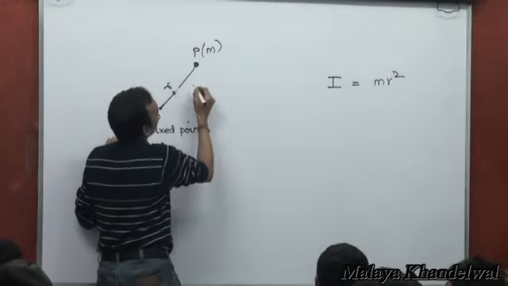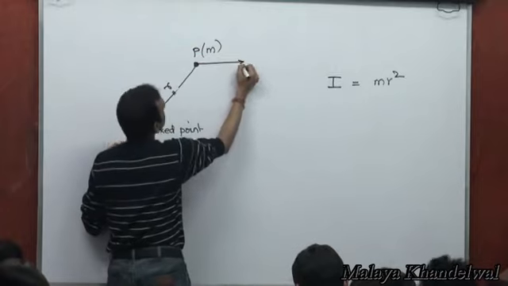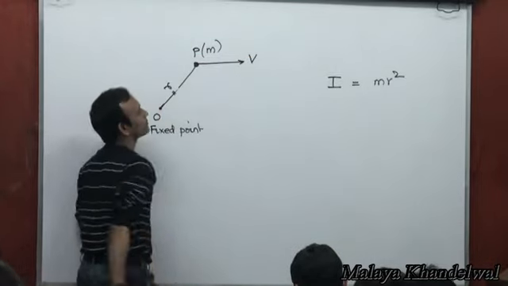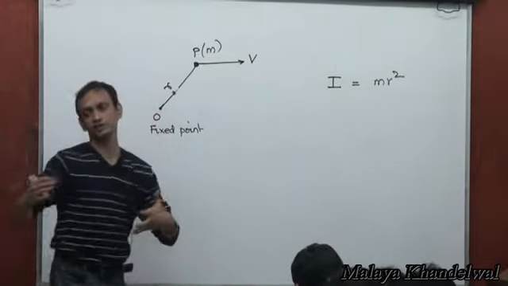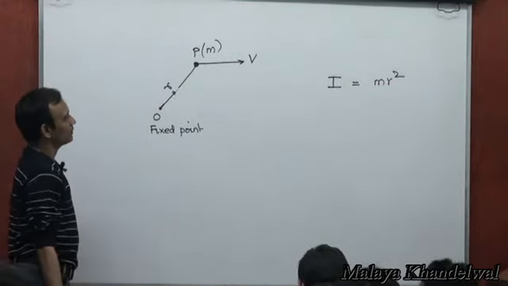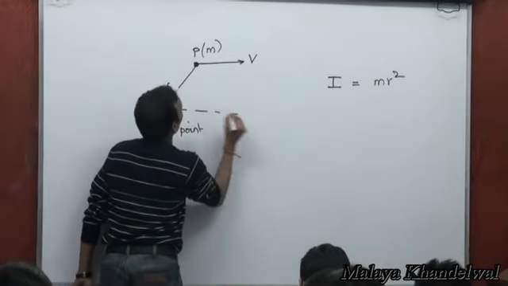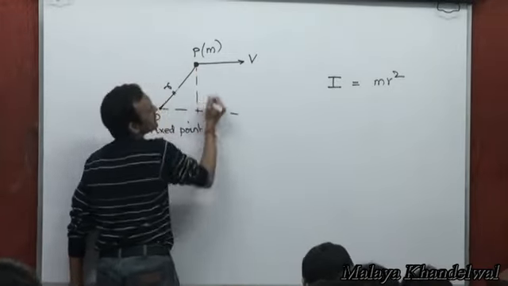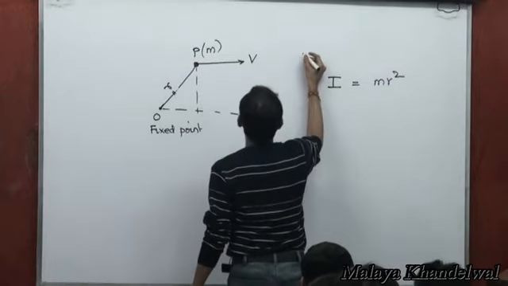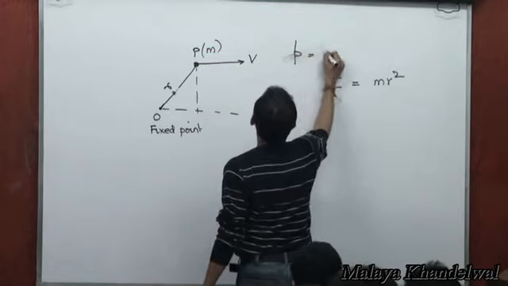Two, let's say this mass has a velocity v, in a direction shown. Then there is an angular momentum. The mass has a linear momentum p, which is m into v.